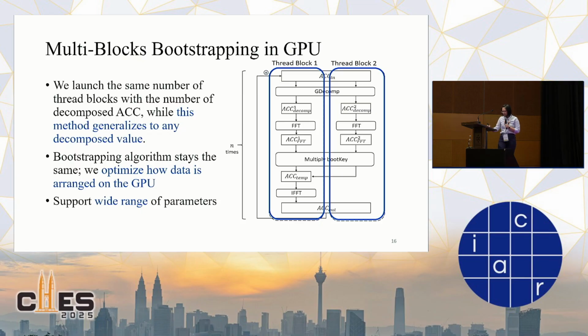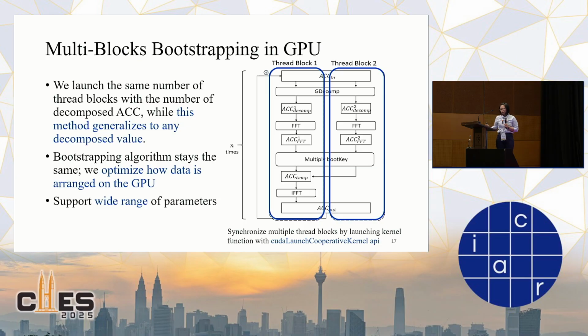To address this, without changing the algorithm, we distribute the data across multiple thread blocks. Specifically, we assign one thread block for each decomposed ACC component.